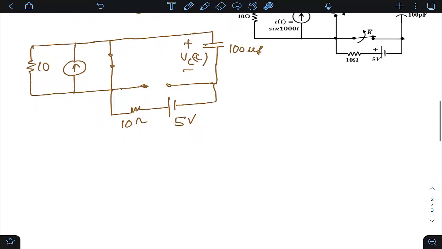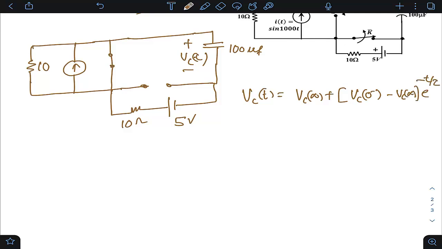Anyway, let us see now what is going to happen in this case. You know very well that in a first order RC network having DC or step input, the capacitor voltage VC(t) is given as VC(infinity) plus VC(0 minus) minus VC(infinity) into e raised to power minus t by tau. This is what is generally given.